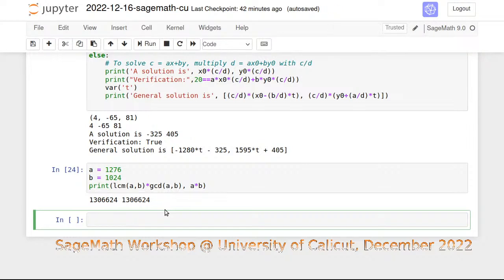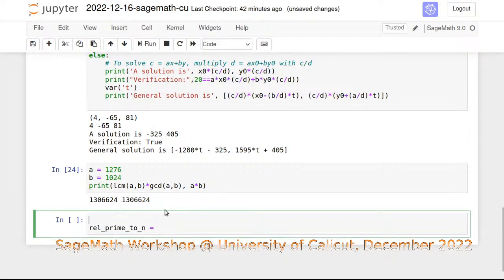Okay, so maybe we can form a set relatively prime to n. Suppose that n is given, n equal to 20, relatively prime to n.